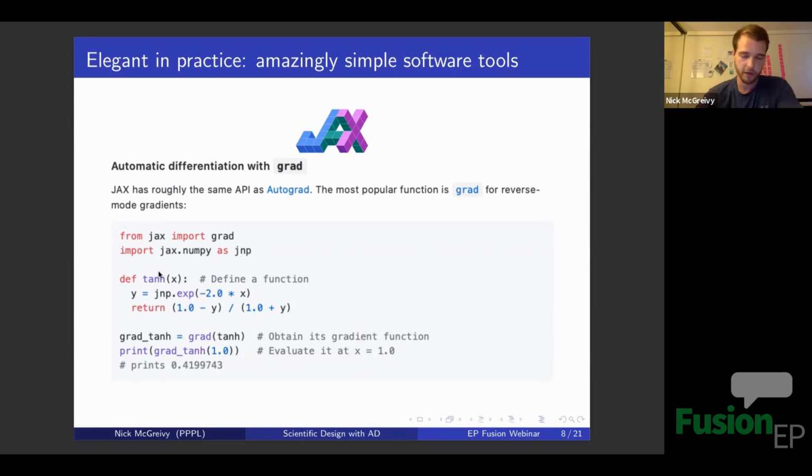They just chose tanh, right? And they wrote tanh using what feels like NumPy. And then we've seen this before. They took the grad of that, and they get this grad function, and then that gives them the gradient. So this is the simplest possible example, and it's really easy just to take gradients of functions. There have been really great software tools.